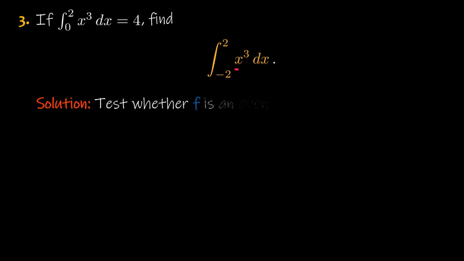Number 3. If the integral of x cubed dx from 0 to 2 is equal to 4, find the integral of x cubed dx from -2 to 2. Solution. Test whether f is an even or an odd function.